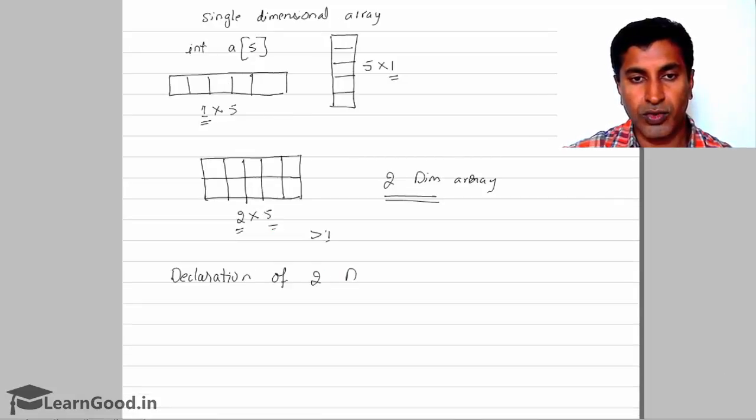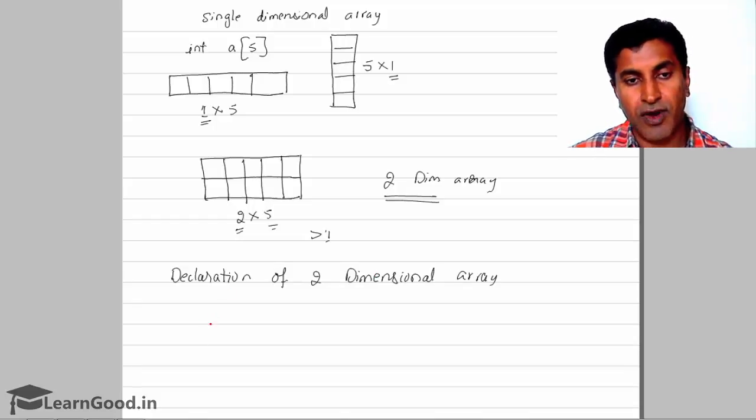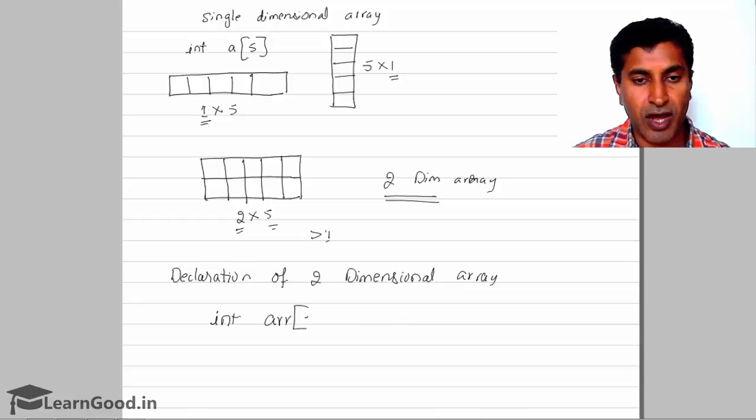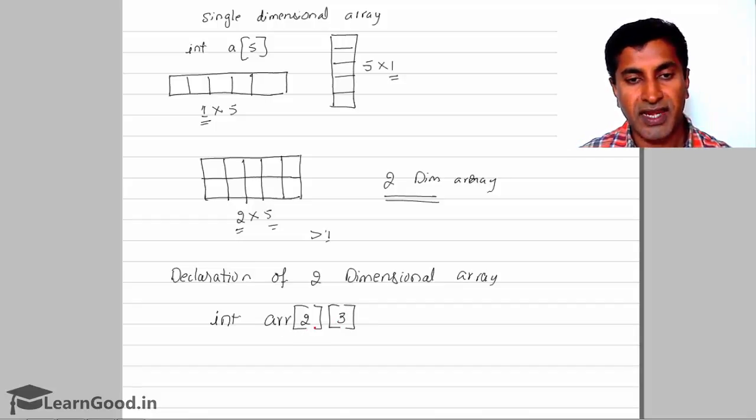Declaration of 2-dimensional array. To declare a matrix of order 2 rows and 3 columns, that can be done by giving ARR, and in the square brackets you have to specify how many rows and how many columns. ARR of 2 cross 3. The number of rows and number of columns have to be enclosed within separate square brackets.